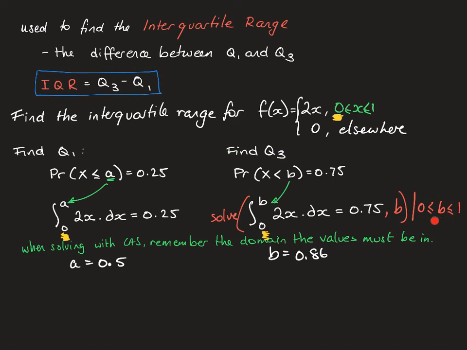So don't forget to use that. And then finally, we've got a quartile 1 value and a quartile 3 value, so we just do our interquartile range as being Q3 minus Q1, which gives 0.36.